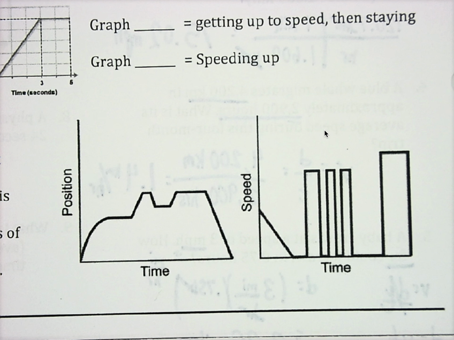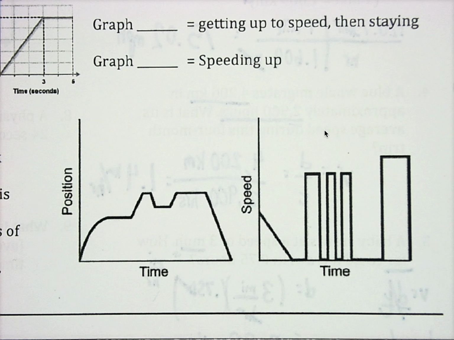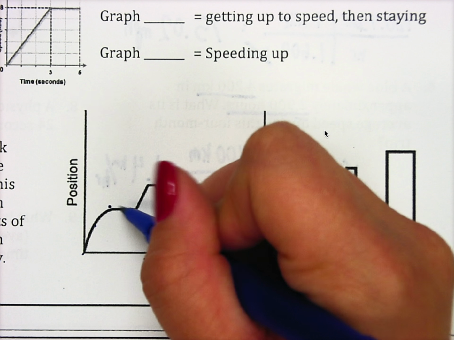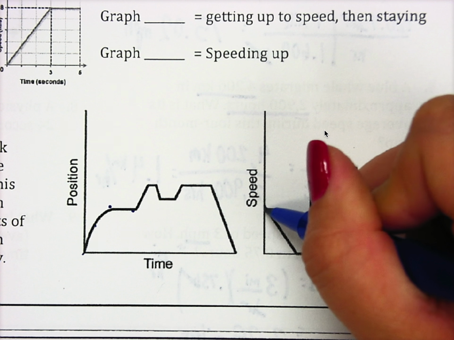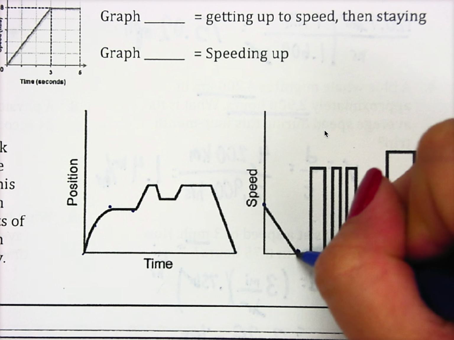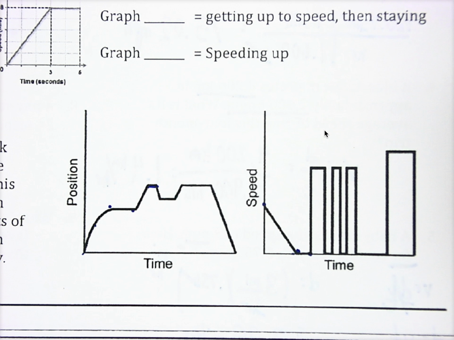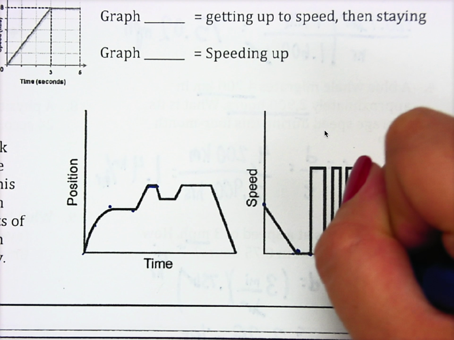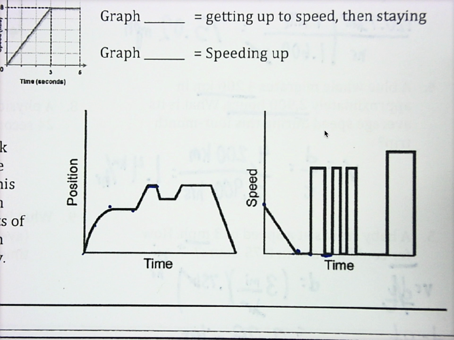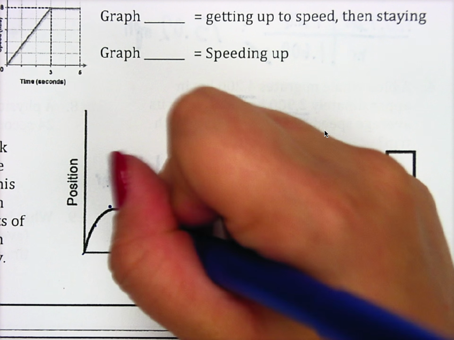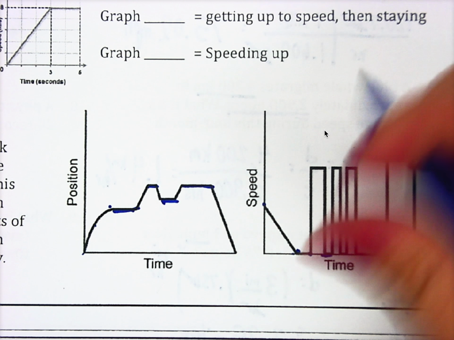These graphs, you're going to make up your own story, but I did just kind of want to show you what's going on. So on the position, it starts out covering a lot of position, then it stays at the same spot. So the speed decreases, and then the speed is 0. Everywhere that the graph is flat here, the speed isn't changing. That's a point here where the speed is 0. So there's 1, 2, 3, and then that one, 4 points where it's 0.